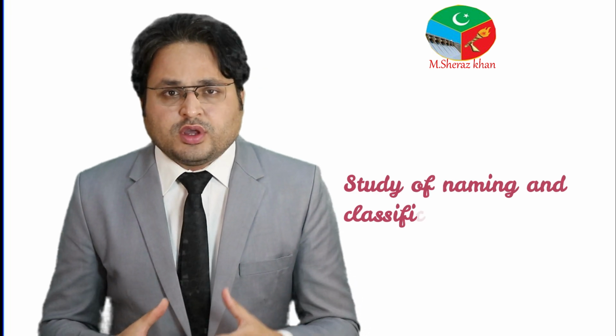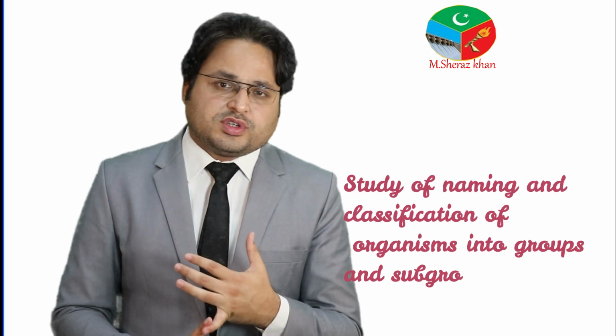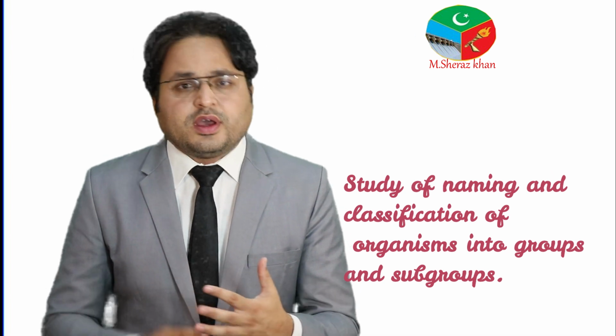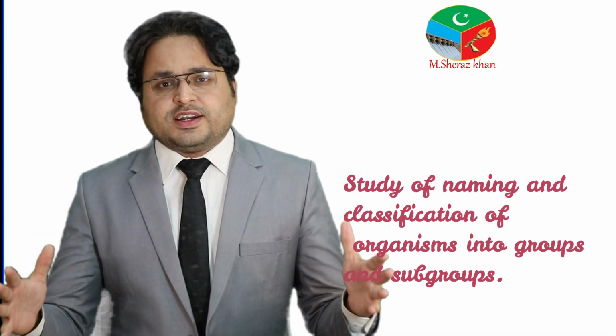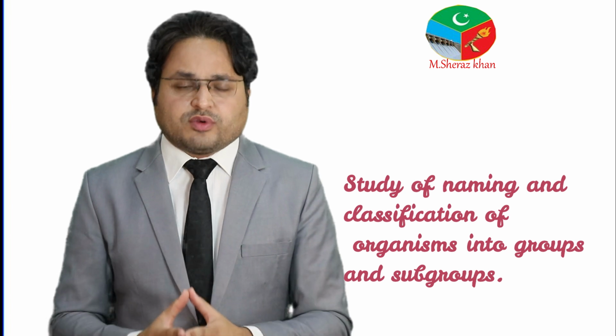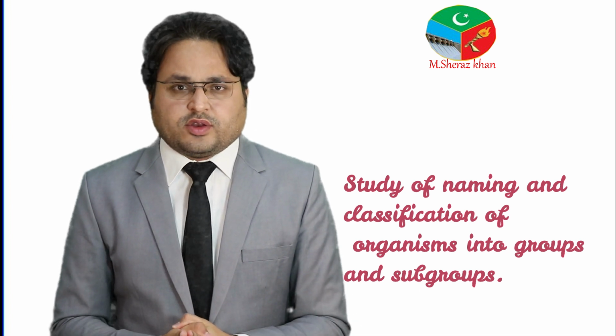And the others which share some characteristics with each other, we keep in another group. That's why we say we make groups and subgroups in taxonomy. So the branch of biology in which we study about giving the scientific name to the species, right? And dividing the organisms into groups and subgroups, that is called taxonomy.